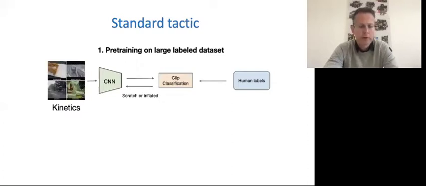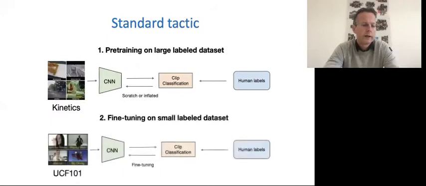Now, by doing so, you learn a network with reliable weights, a good initialization, and then when you move to a new dataset, let's say UCF101, a small-scale one, you use the same network architecture with the pre-trained weights, and then you start to fine-tune those weights further with additional annotations that have been provided on this additional dataset.